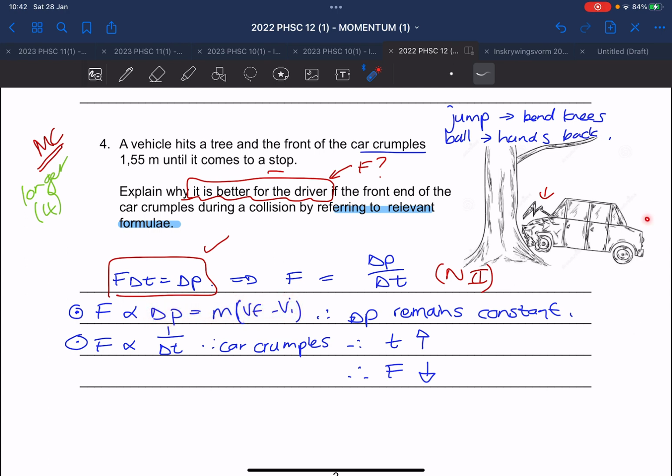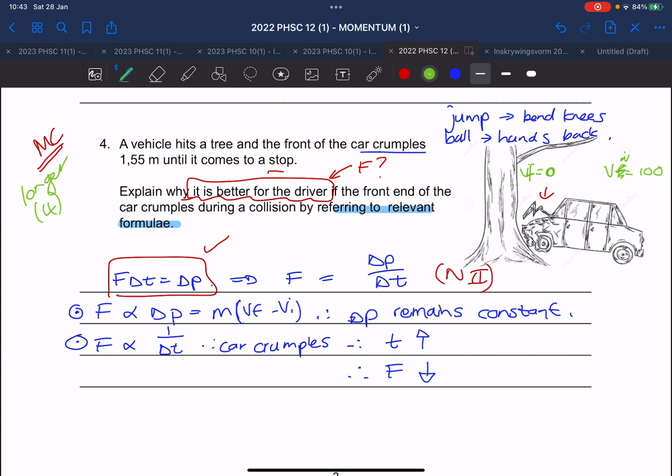Now, when this car crashes, at the end the velocity will be 0. Before the car crashed, the velocity would have been 100 kilometers per hour or 50 kilometers per hour or whatever it is. So at the end it will be 0, and at the beginning it will be 100. It doesn't matter if it takes the car 10 seconds to crash or 10 minutes to crash.